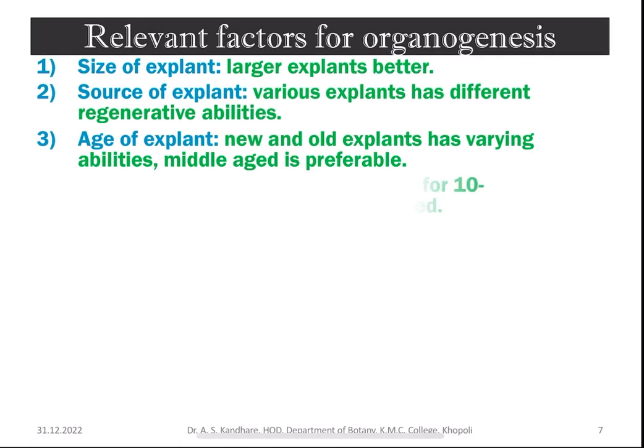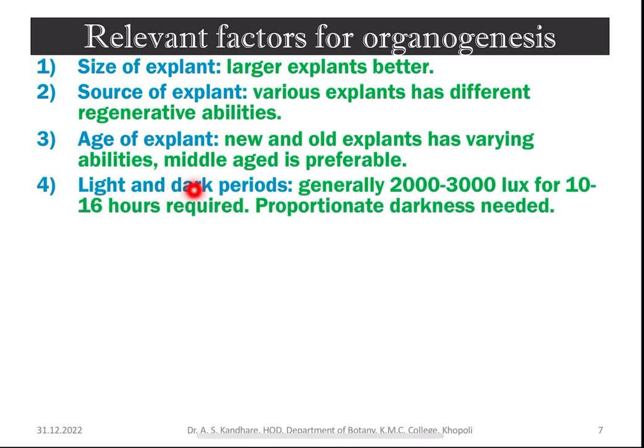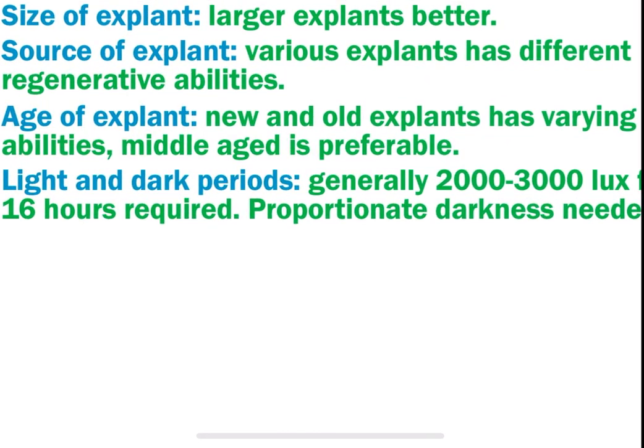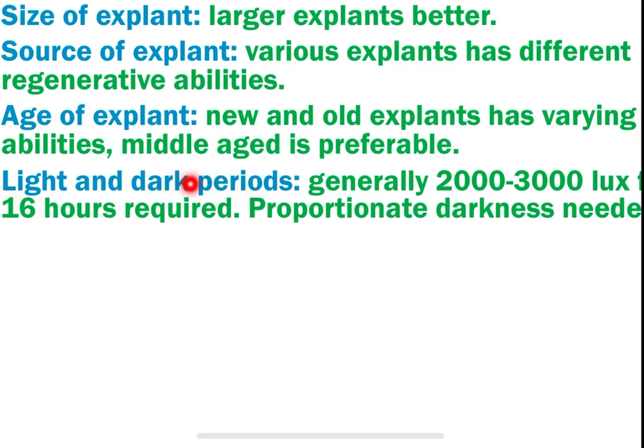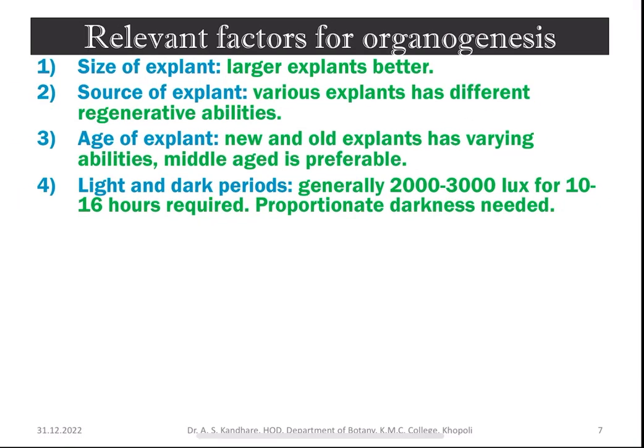Then you can see light and dark periods, isn't it? As I told you, the plant is very sensitive to light and dark periods. प्रकाश और अंधेरा दोनों भी प्लांट सेल को समझता है. Plant cells have sensors; they can understand the intensity, direction and duration of the light and darkness. Therefore these light and dark periods are also very important.